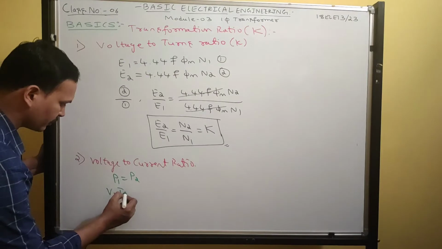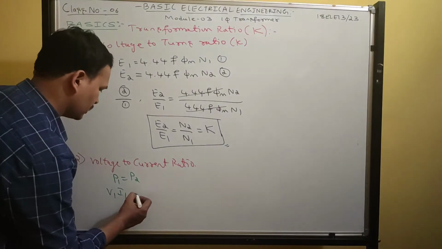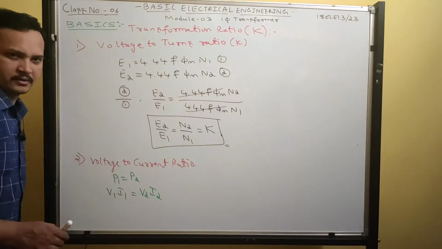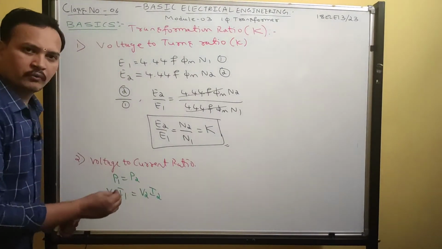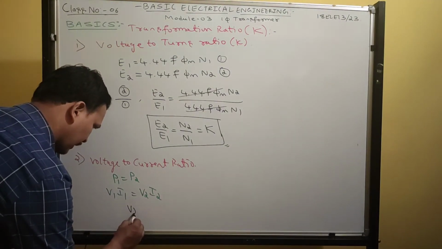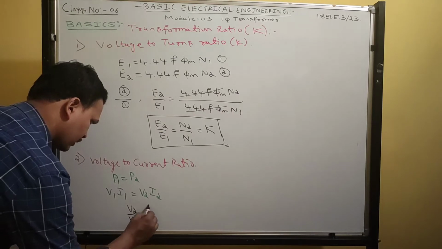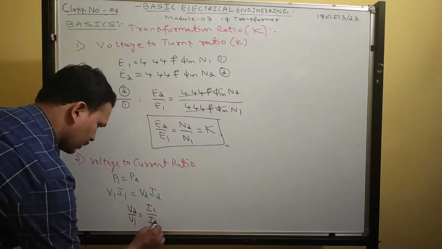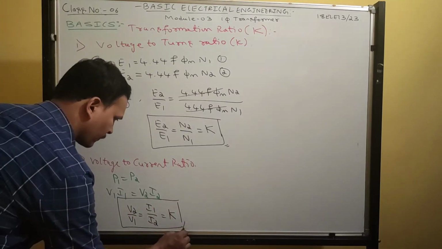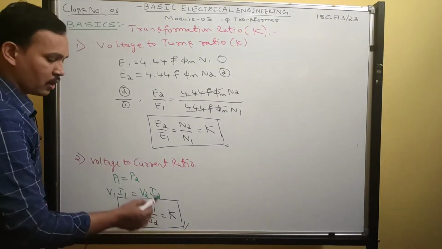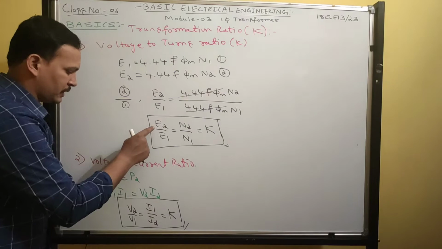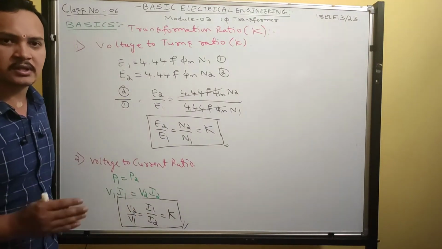Primary power is primary voltage into primary current, and secondary power is secondary terminal voltage into secondary current. V1 I1 equals V2 into I2. So from this we can write V2 by V1 is equal to I1 by I2, which is also nothing but the transformation ratio K.